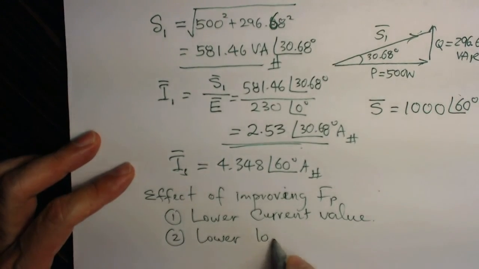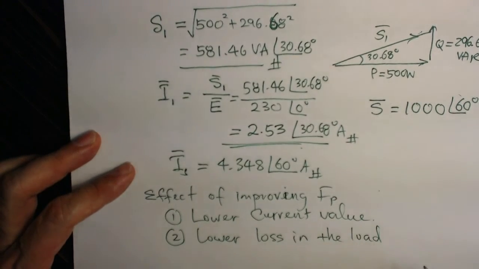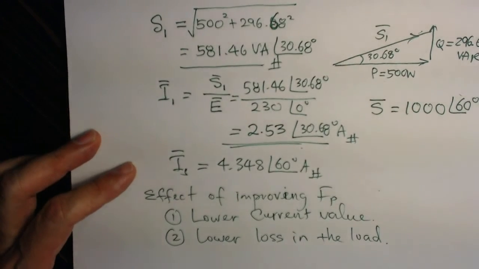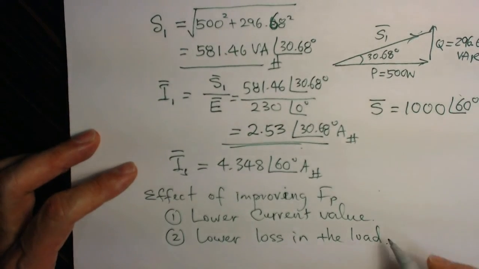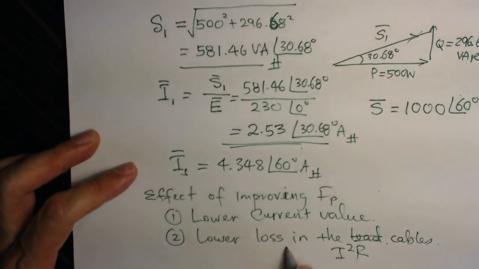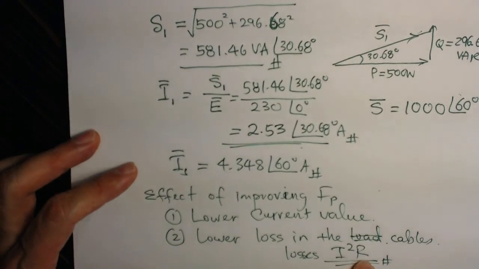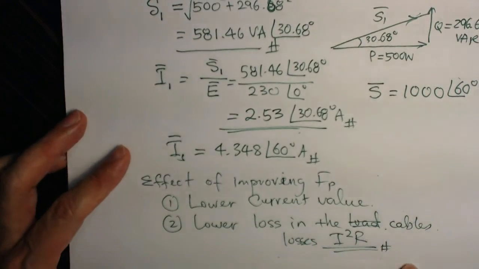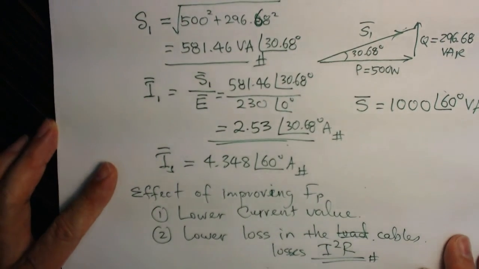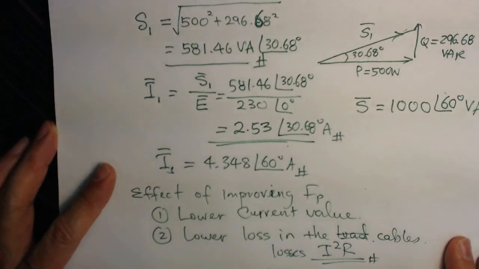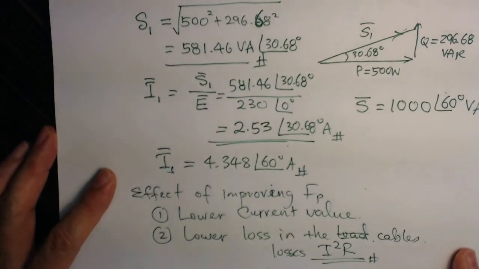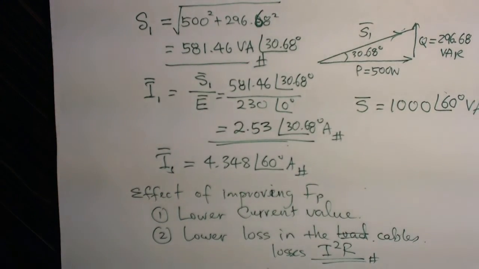Energy loss in the load, or rather, the loss is usually in the cables, right? Because cables actually carry current, so we have the I square R losses. Since I drops, the whole thing will drop as well. Okay, so that is the solution for worked example 4.3a. Thanks for watching.